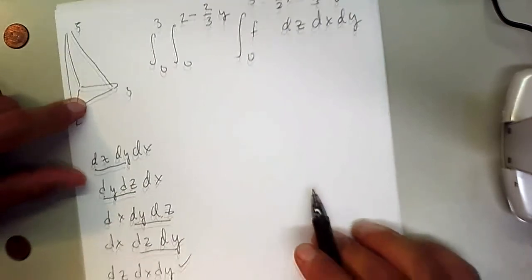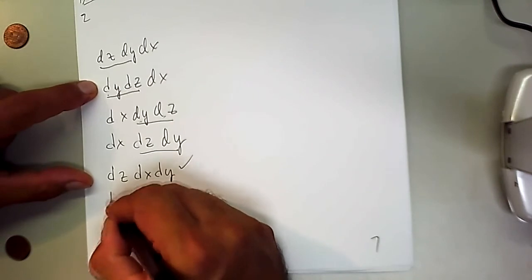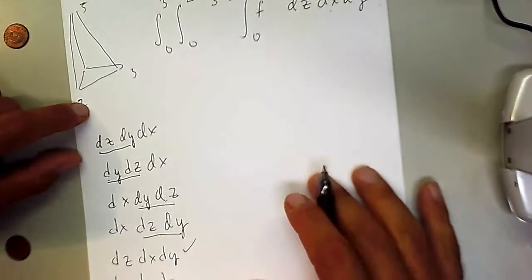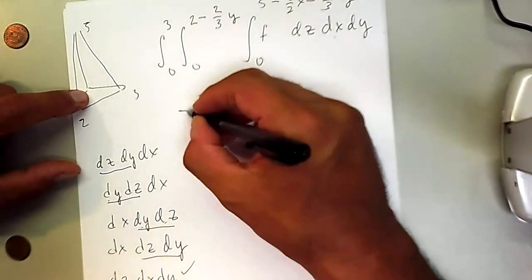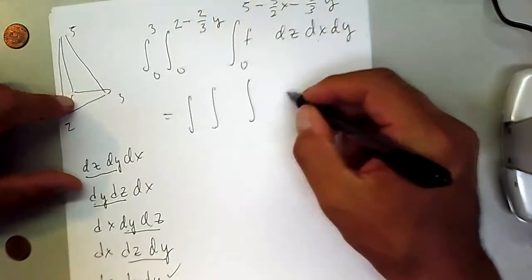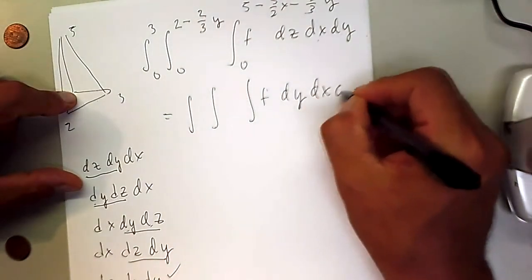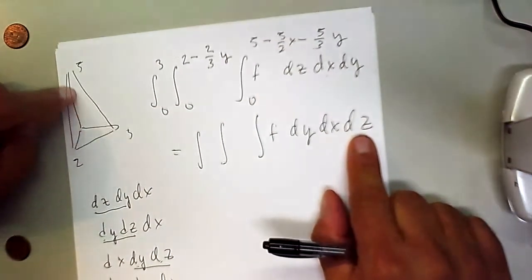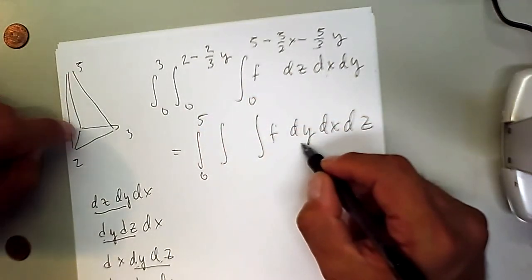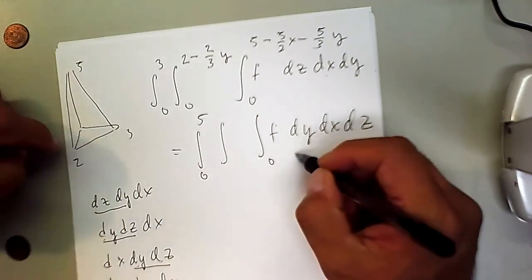And then we have one last to go, which would be dy, dx, dz. F dy, dx, dz. Well, z can only go from 0 to 5. Y initially can go from 0 to the plane, but we solve for y.